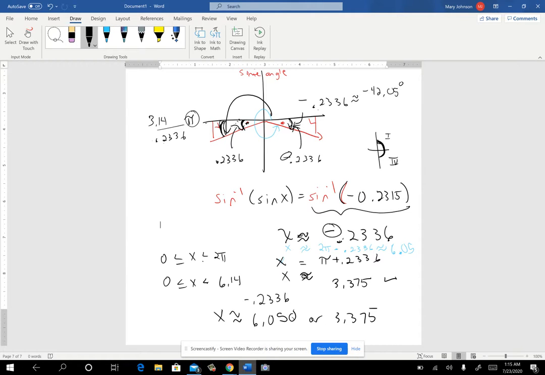Okay, so those would be your 2 answers there. If you're like me, I think you might find the decimal part, when they're decimals, to be the most difficult.